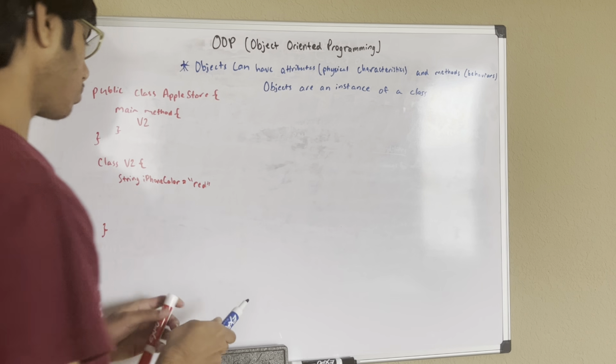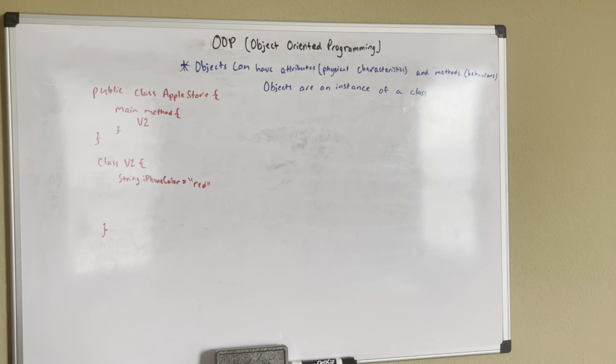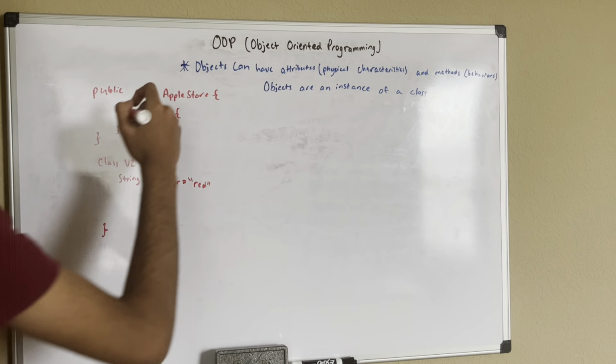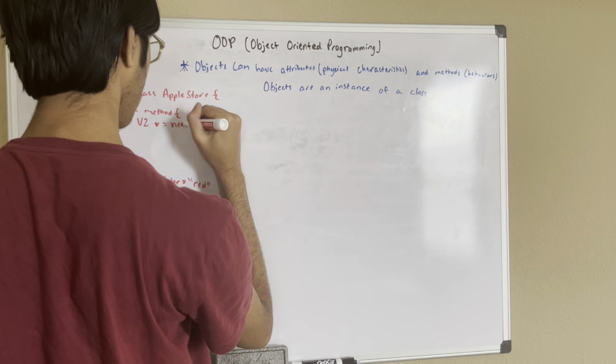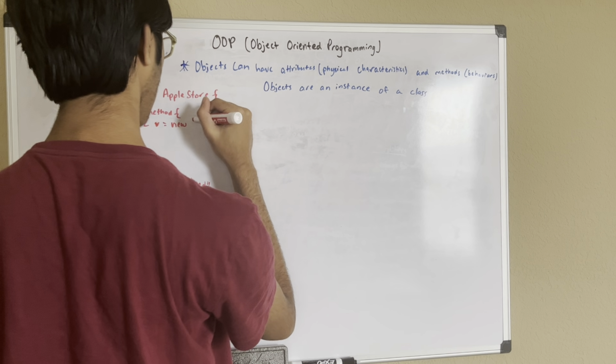So, you've got a string, iPhone color, you call it red, right? Then we make our object, v equals new V2.